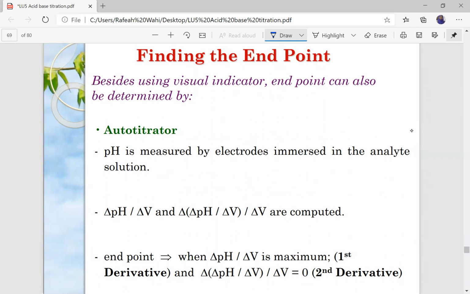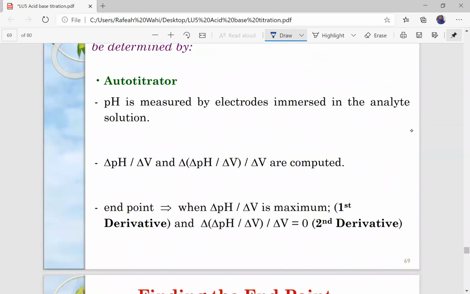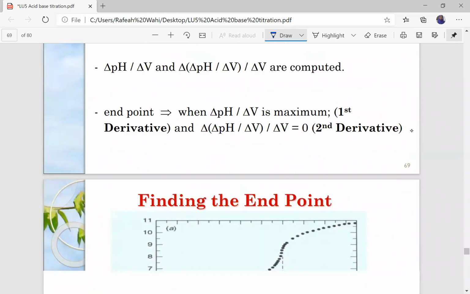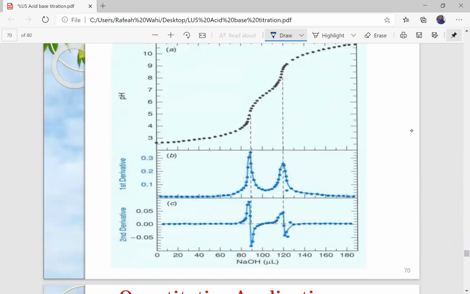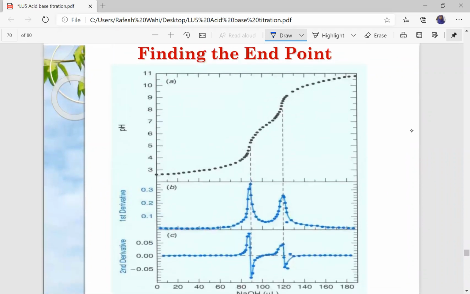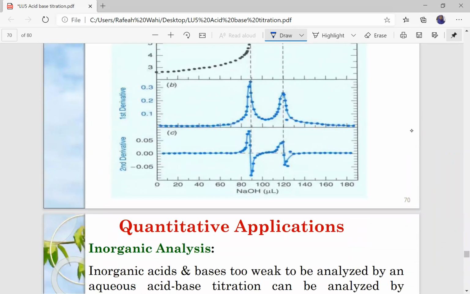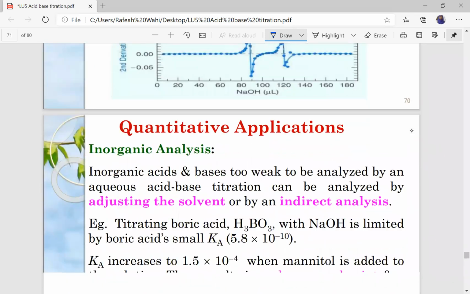Okay, so the endpoint is where delta pH over delta volume is maximum, the first derivative, and you have the change here as the second derivative. Okay, so this is how your titration curve will look if you use an auto titrator. It's easier compared to using an indicator.